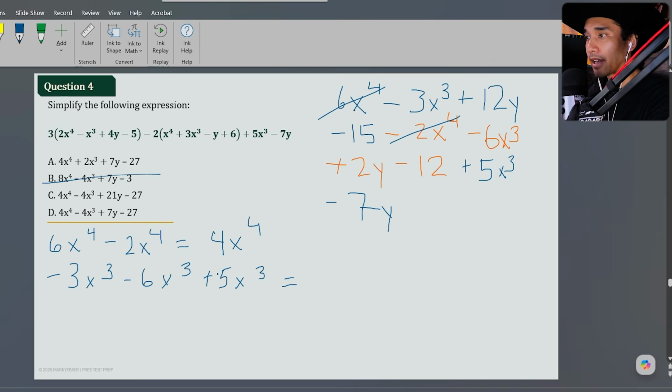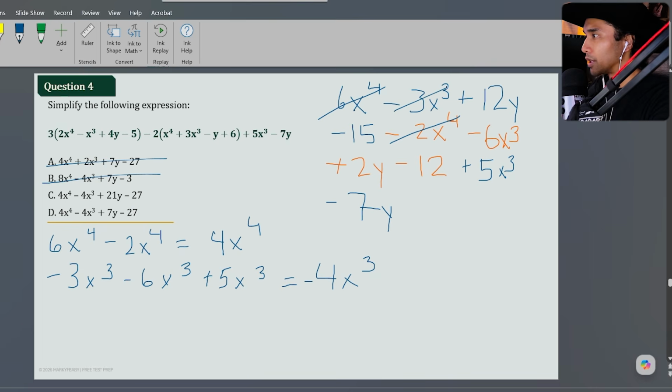Now, negative 9x to the 3rd plus 5x to the 3rd equals negative 4x to the 3rd. And let's look at our answer choices again. This has a plus 2x to the 3rd, and the rest have negative 4x to the 3rd. So A is incorrect. So that gives us these two answer choices.